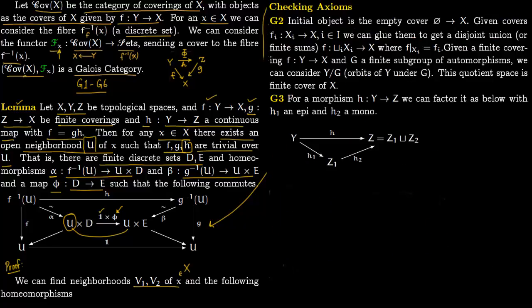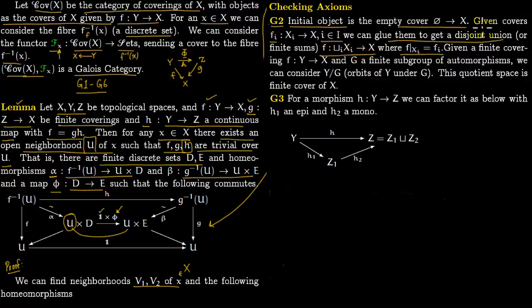The second and the third axiom are pretty straightforward to check. So for G2, initial object is just the empty cover, and say you are given a bunch of covers, say xi to x, you can glue them together to get a disjoint union. So you construct a function f which is just the disjoint union of this, and you restrict it to fi.